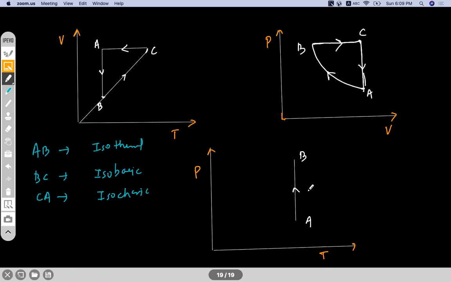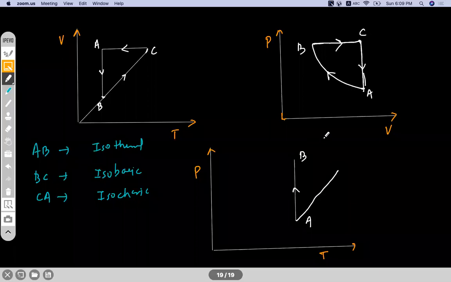Then volume is constant. So volume is constant we'll have for C to A. So if I just roughly I'm drawing one second. C to A, if it goes like this, then C to B will have constant pressure. ठीक है. So the graph will go like this.